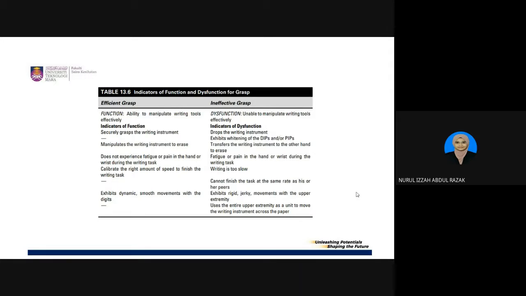He can calibrate the right amount of speed to finish the writing task and exhibit dynamic, smooth movement with the digits. While the ineffective grasp is shown when the kid drops the writing instrument, transfers the writing instrument to the other hand to erase, or shows signs of fatigue or pain in the hand or wrist during the writing task. He might write too slowly and cannot finish the task at the same rate as his peers.